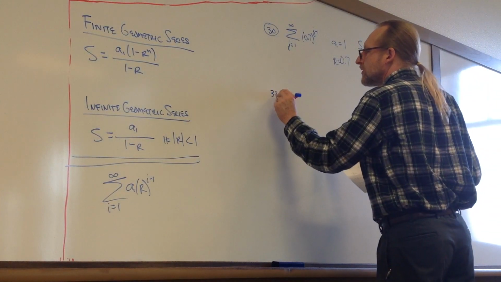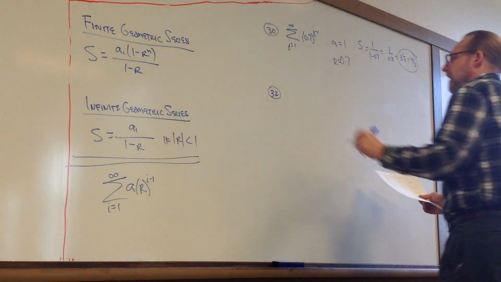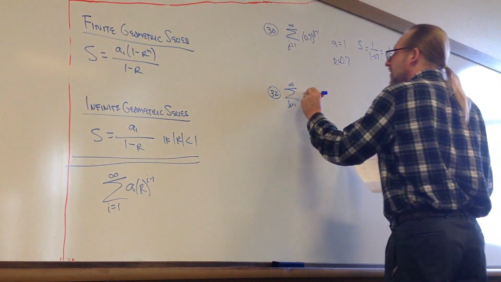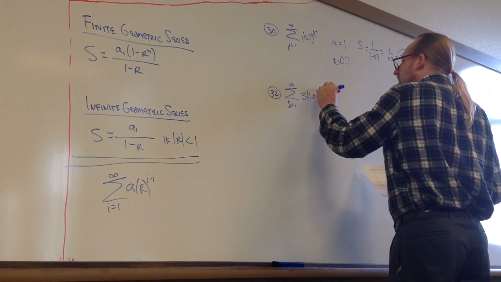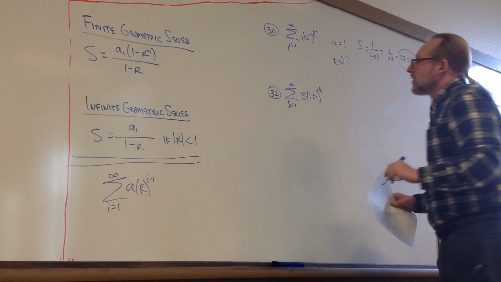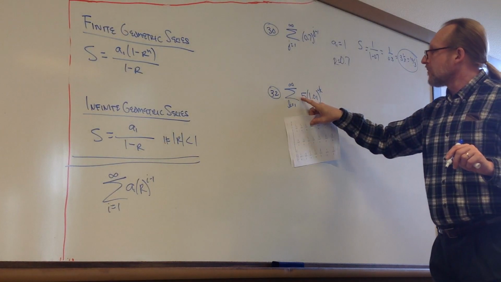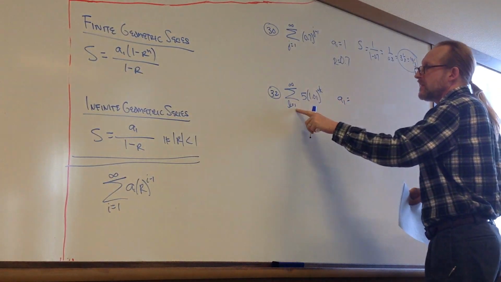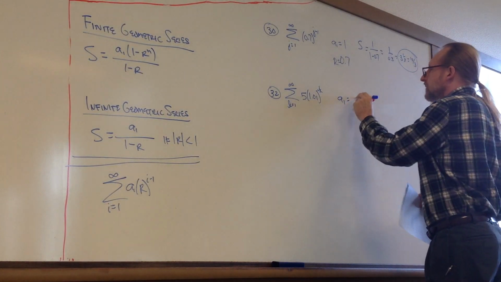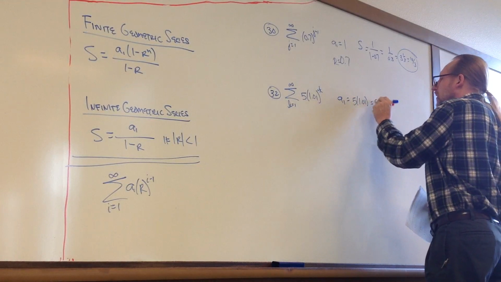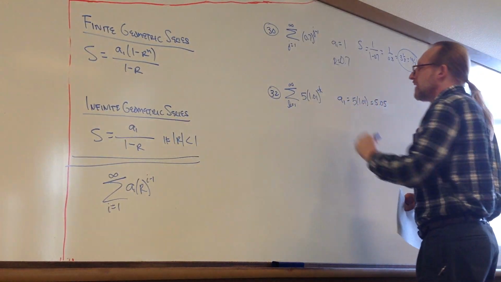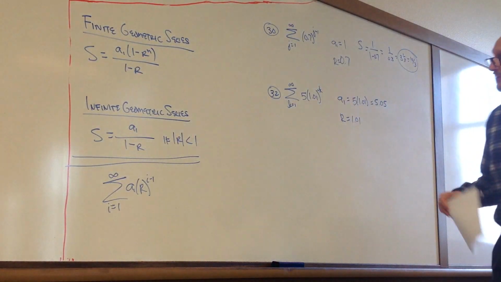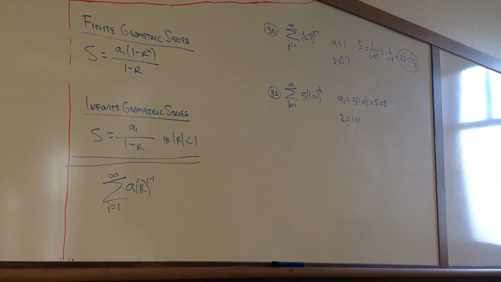Let's see, problem 32. What do we have here? Sum k runs from 1 to infinity, 5 times 1.01 to the k. So in this one, this is not standard form, right? Because this is not k minus 1. Our first term here, when we plug that 1 in there, will be 5 times 1.01, which is 5.05. And the r value here is the base of whatever's being raised to the exponent.